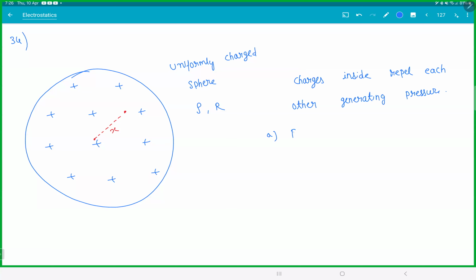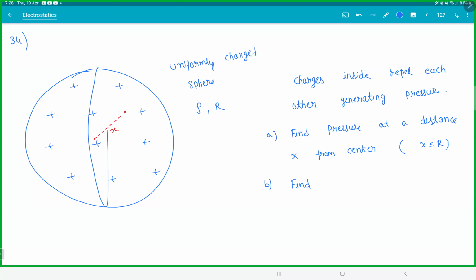The first question, this will be an advanced paragraph: find pressure at a distance x from center, x less than r. Second question, find the force on the right hemisphere due to the left hemisphere. If I divide this into two pieces, the left and right are both pushing each other. Find the force on one hemisphere due to the other.